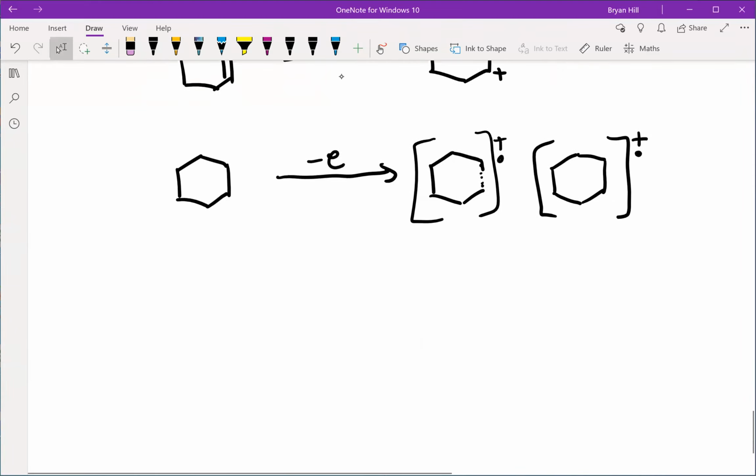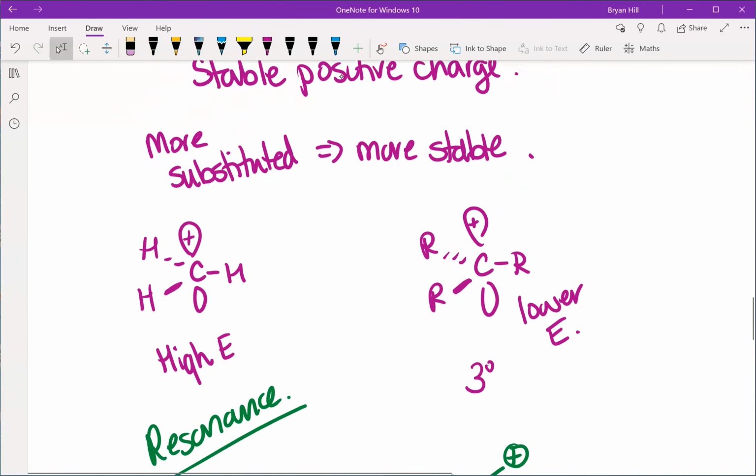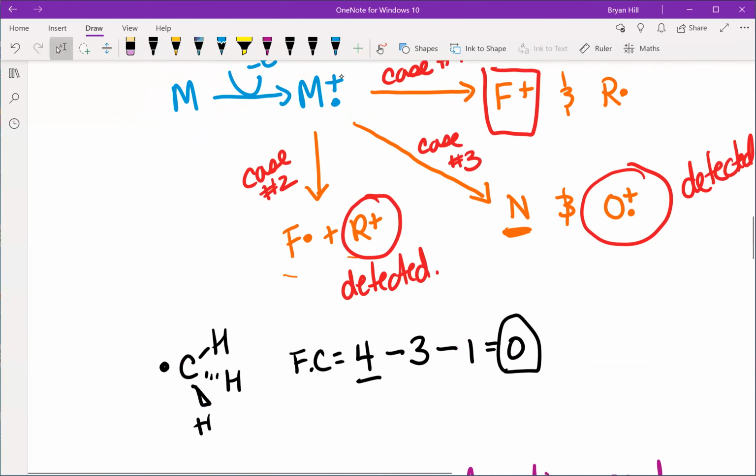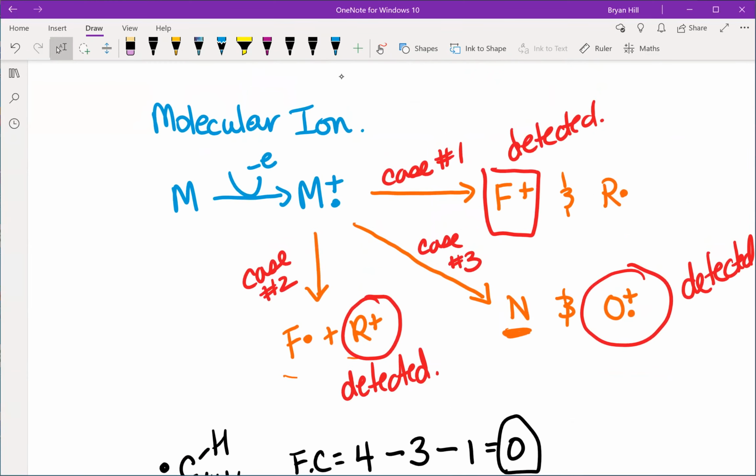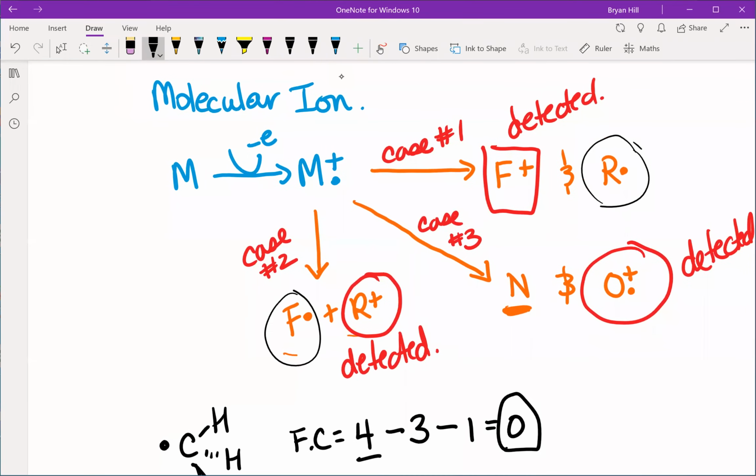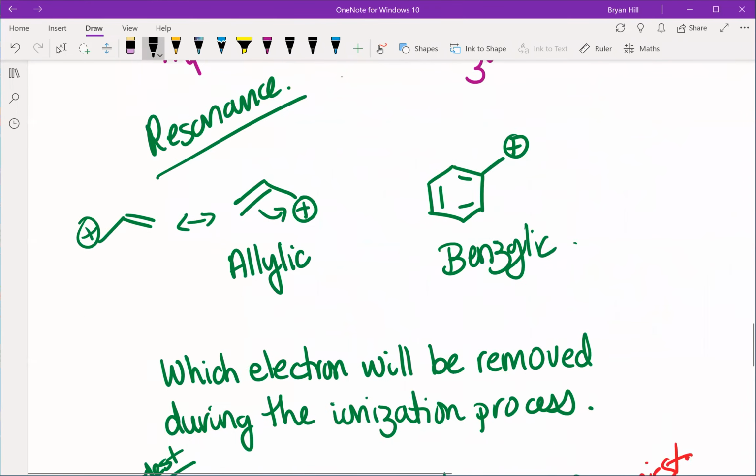So as I said before, at the top here, there's a couple of scenarios where you could generate F plus and R radical, or the inverse, F radical and R plus. We'll see how that basically works here.